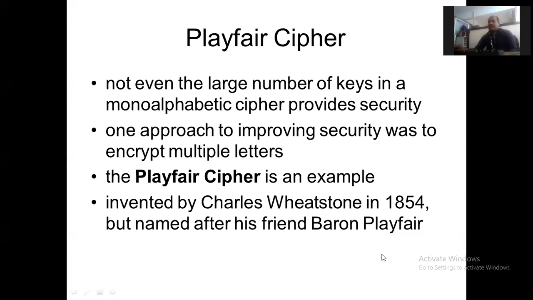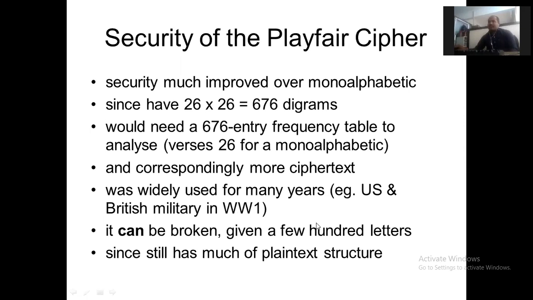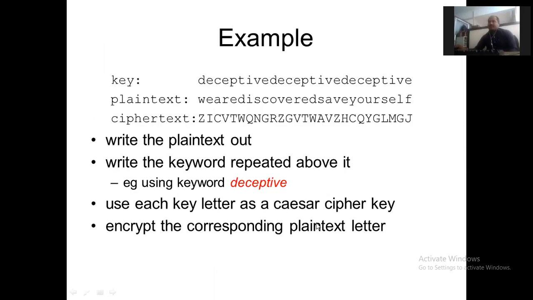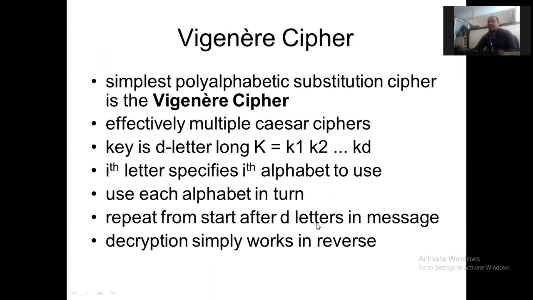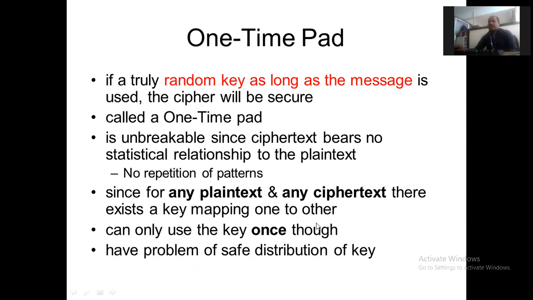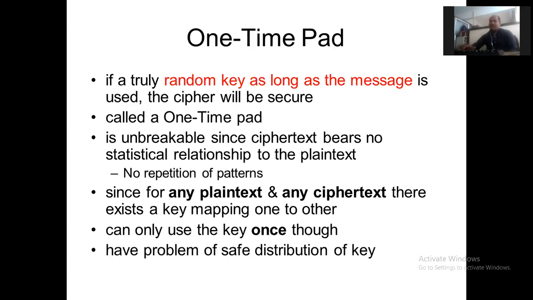Now the Playfair cipher is a very important algorithm. Then we have the polyalphabetic cipher, also called the Vigenere cipher. And the next one is the one-time pad.